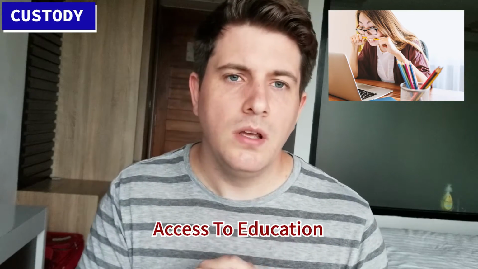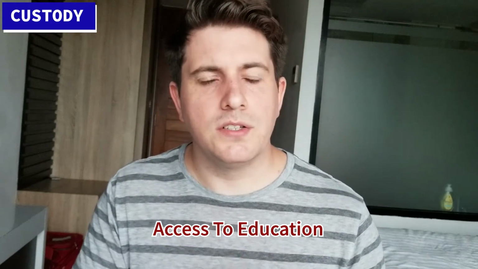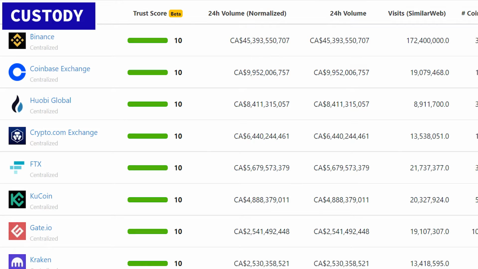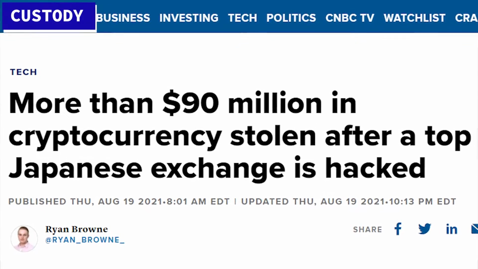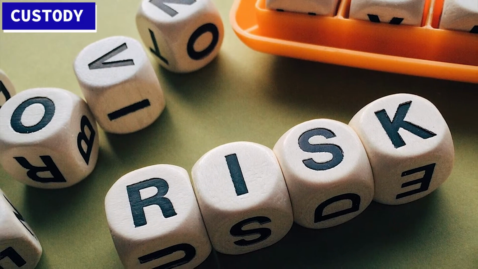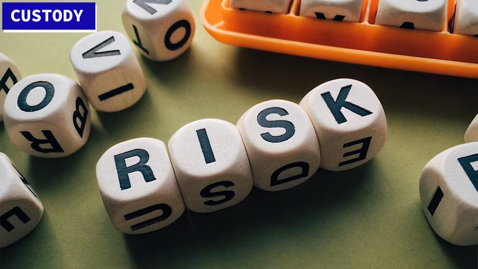Something else to consider in the custodial situation is access to education. While you're on the custodial platforms, as a new person, you do need to be careful what exchange you use, because exchanges in the past have lost all of people's funds. So this is a risk that you are incurring, but at the same time, these exchanges do offer a variety of educational things that you can do.